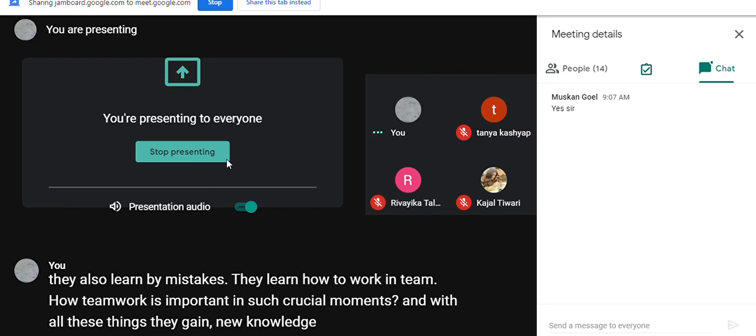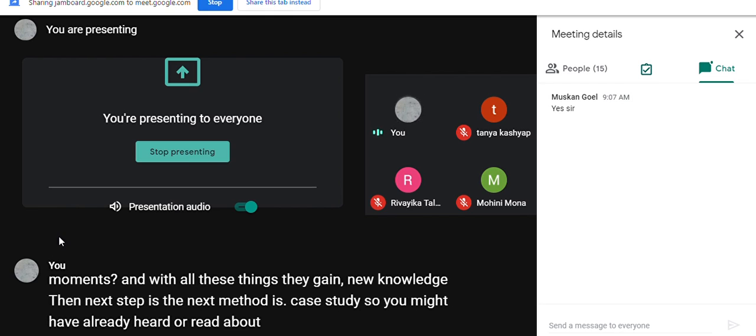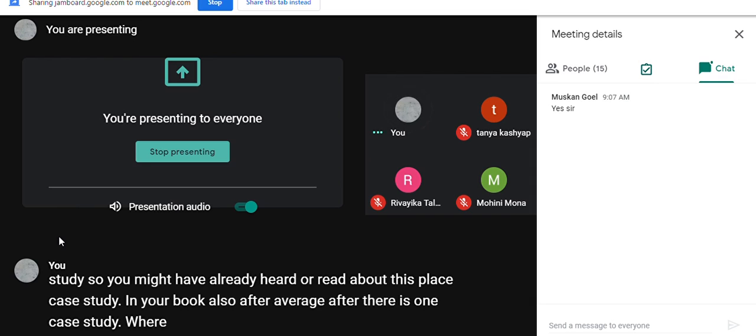Then the next method is case study. So you might have already heard or read about this phrase, case study. In your book also, after every chapter there is one case study where a situation is given to you.